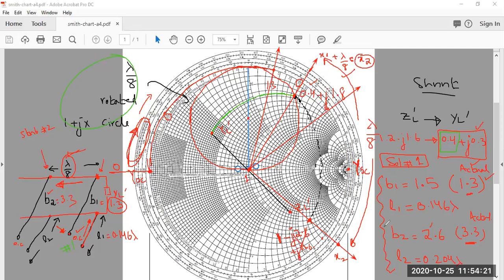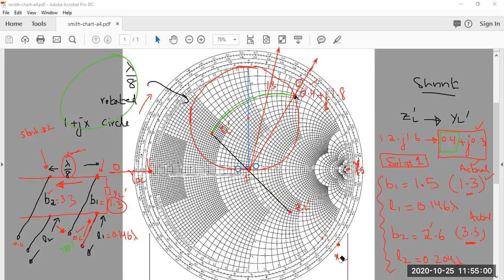Now how to find the second solution? So let me talk about solution number 2.